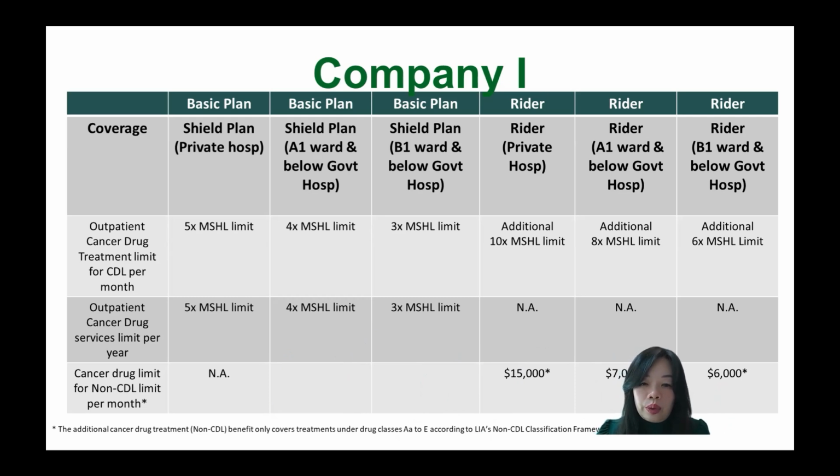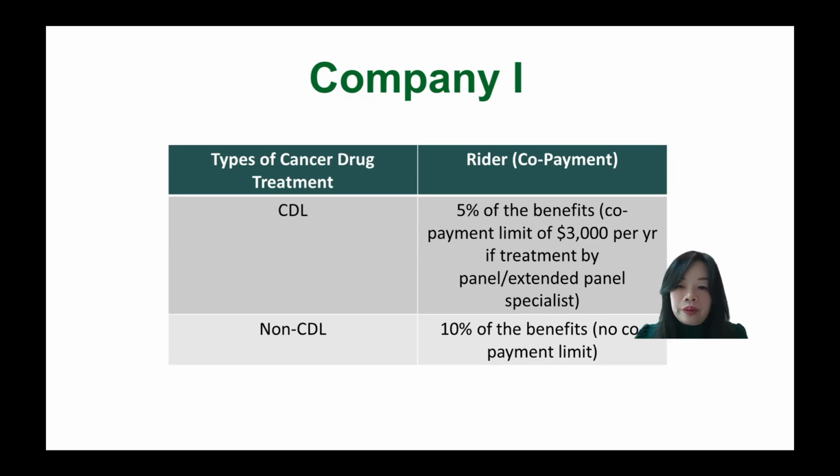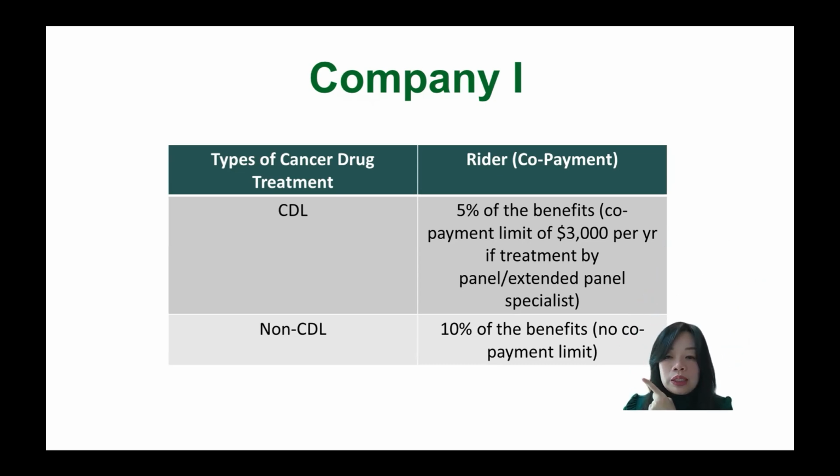Regarding the co-insurance, similarly, if you have the rider and you visited a panel or extended panel specialist, then the co-payment will be 5% and the co-payment limit will be $3,000. However, if you visit a non-panel specialist, there will be no cap of $3,000. For non-CDL, it's 10% of the benefits and there's no co-payment limit.